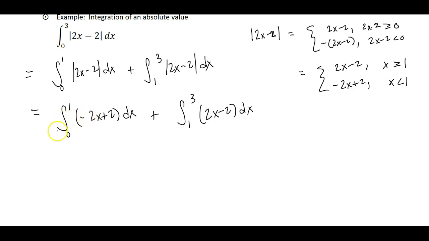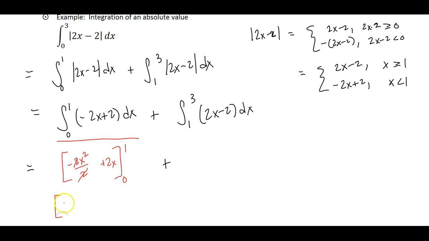So this integral on the left here, we're going to have, let's see, negative 2x squared over 2 plus 2x, and that's going to go from 0 to 1. And we can actually integrate this separately if you want to, so that's negative x squared plus 2x.